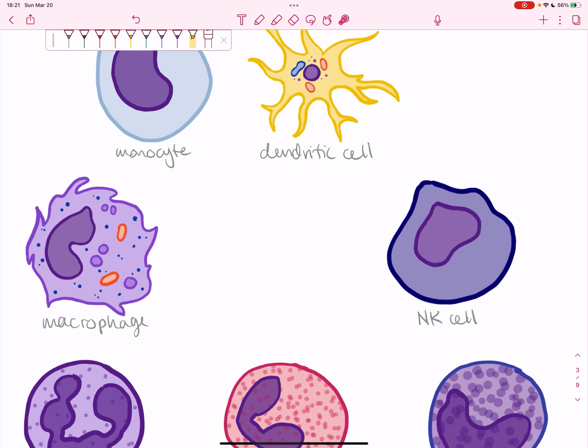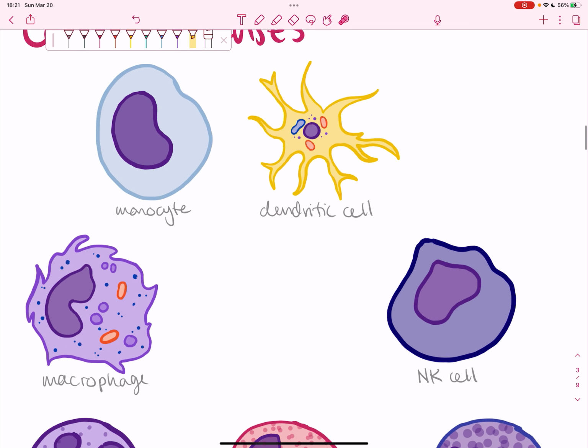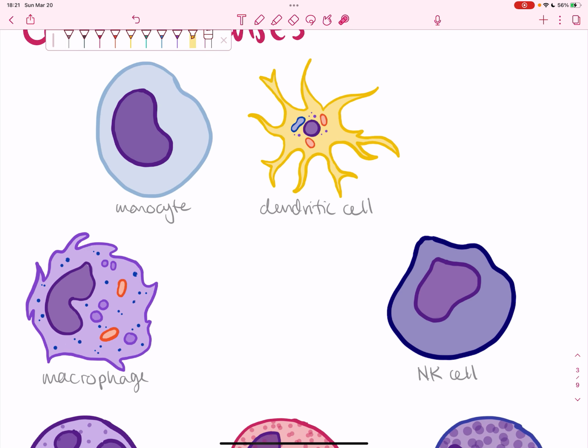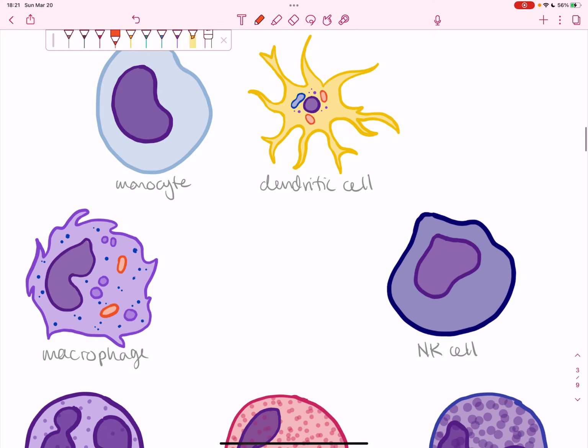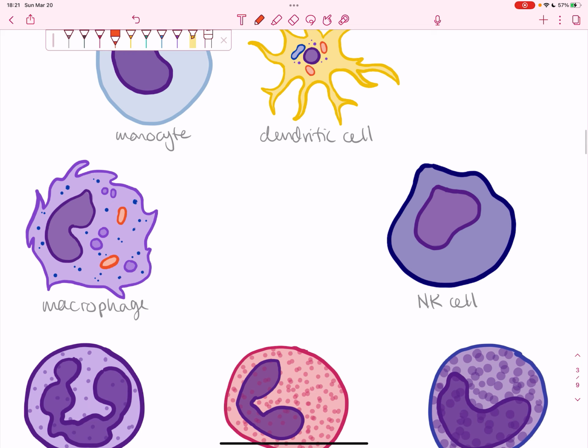So macrophages, what color should I use? How about orange? Macrophages ingest pathogens and present them on major histocompatibility complex molecules, which we shorten to MHC molecules, and I will also get into those in a second. So, let's see what to write.